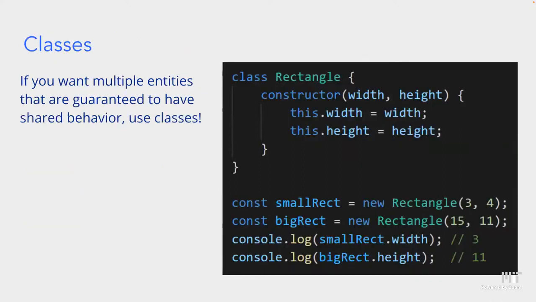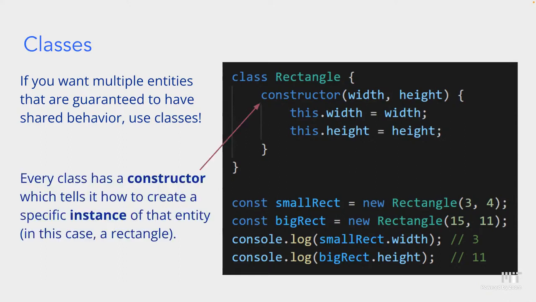Okay. And then one thing that we also have in JavaScript is classes. So if you want things to share the same behavior, you can use classes. In this example, we have a class called rectangle, and every class has a constructor, which shows you how each instance is made.